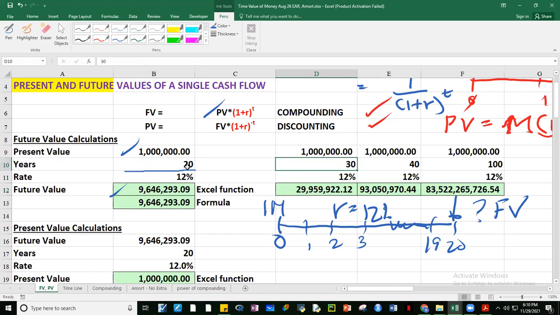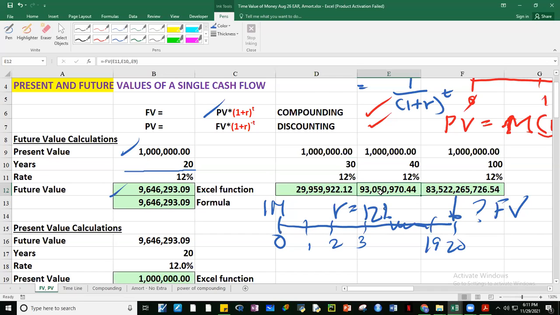From 20 years to 30 years, it increased by 20 million. From 30 to 40, it increased by almost 64 million, 63 million. And increasing it to 100, it became, so that's already 83 billion.